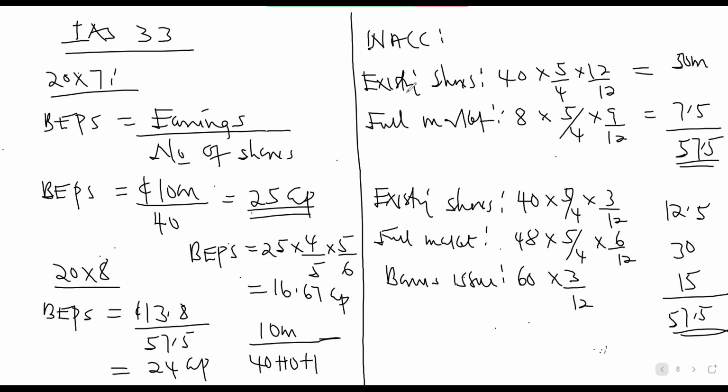We come to the other one, the 20X9, there was a bonus issue of 12 million. So let's now calculate our new earnings per share. That will be 40 plus 10 plus 1 plus 12.